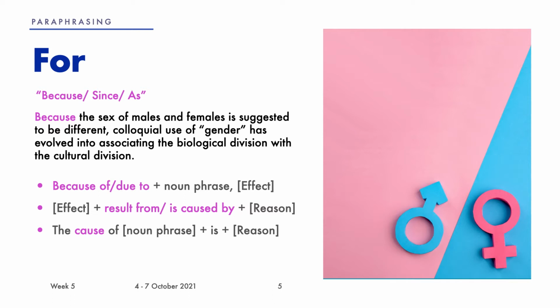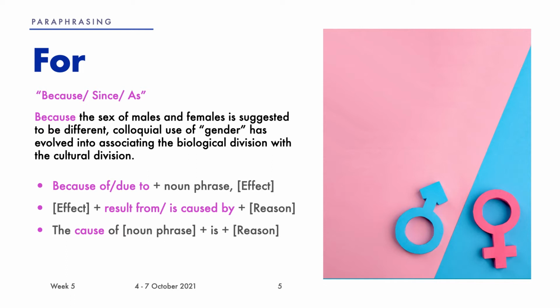For example, we have the sample sentence saying that because the sex of males and females is suggested to be different, colloquial use of gender has evolved into associating the biological division with the cultural division.